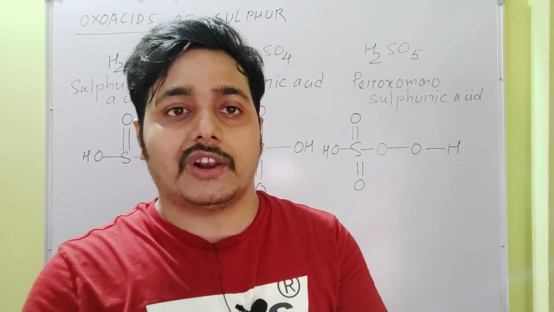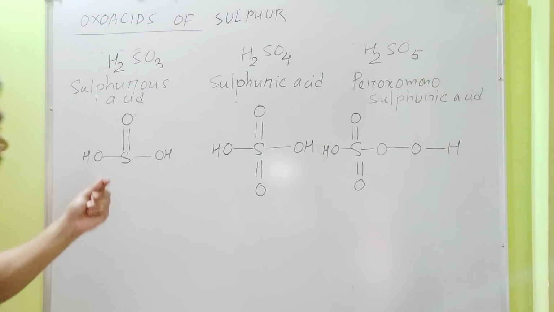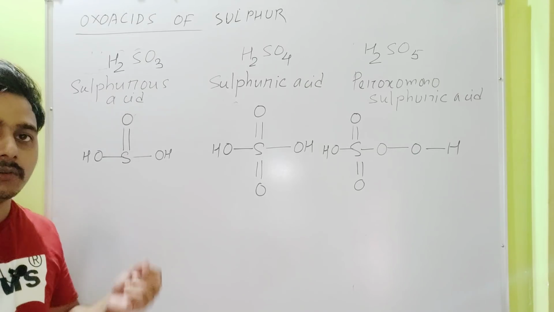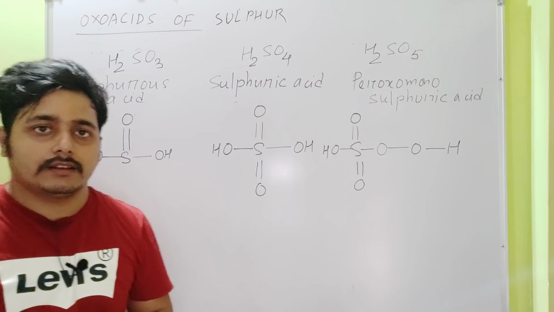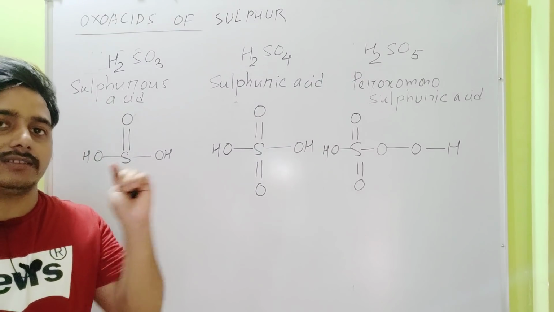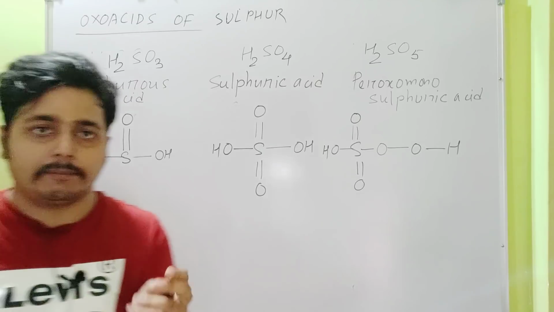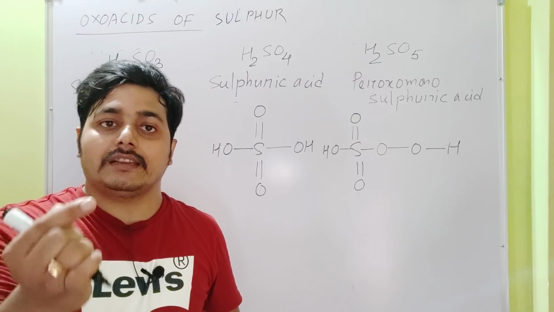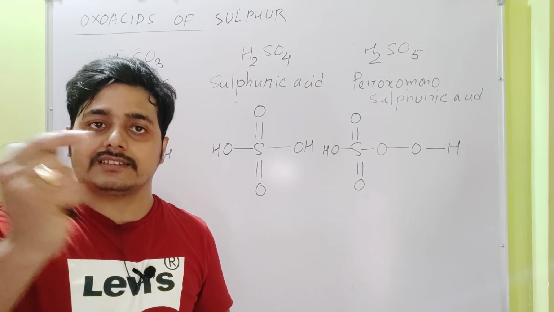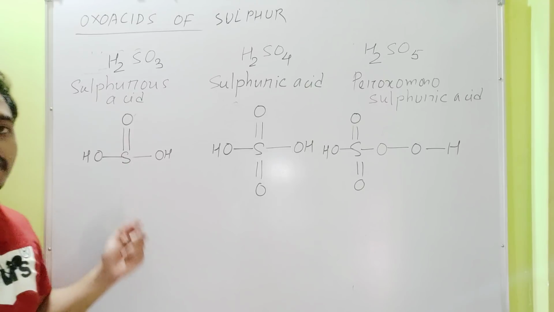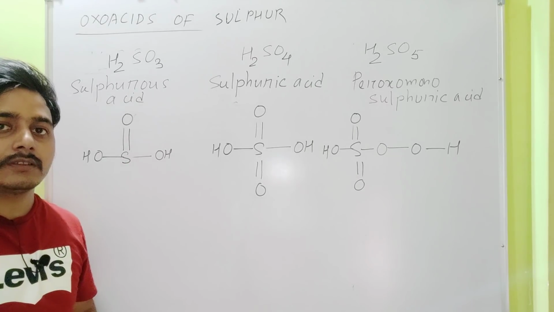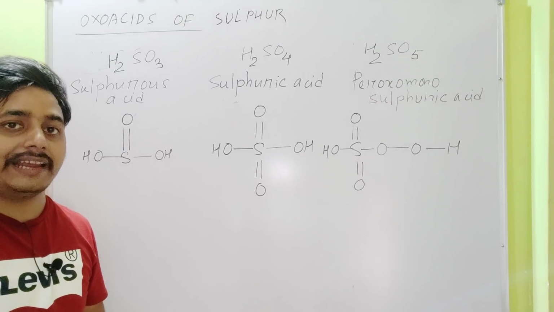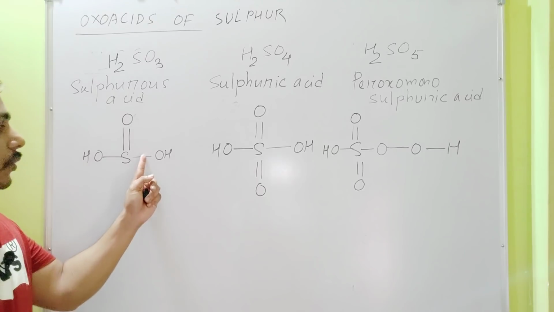Oxidation state of sulfur atoms. In this case, sulfur is connecting to 4 bonds with more electronegative oxygen. If any element is connected to a more electronegative element, then that element gets a positive oxidation state. In this case, sulfur is connected to oxygen atoms, which are more electronegative than sulfur, by 4 bonds.